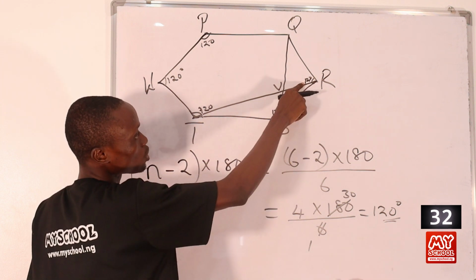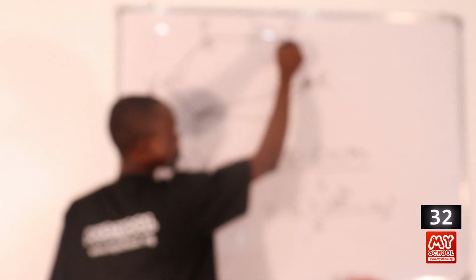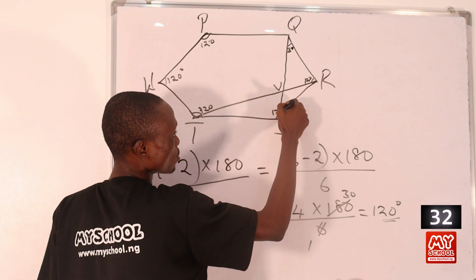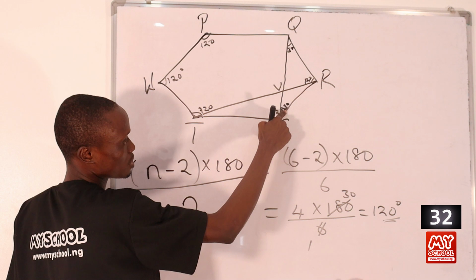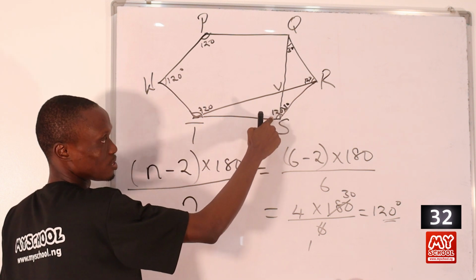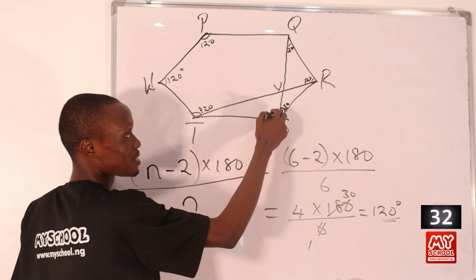If the angle we already have here is 120, each of the angles here will be 30 degrees. If this part is 30 degrees and the whole of here is 120 degrees, what is left here is 90 degrees.